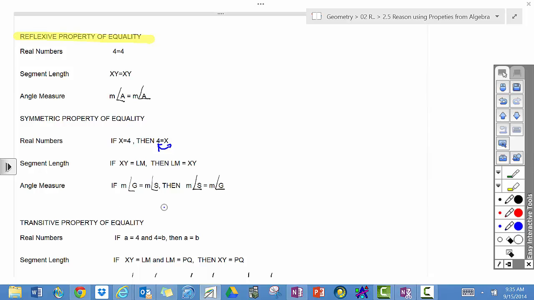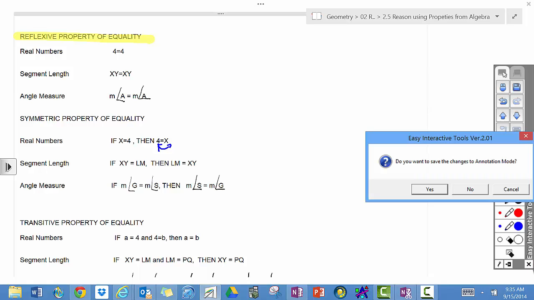Segment length, it looks different. If xy equals lm, then lm equals xy. Just deliberately chose different letters than you usually see. Angle measure, if measure of angle G equals measure of angle S, then measure of angle S equals measure of angle G. So switch around the equal sign.